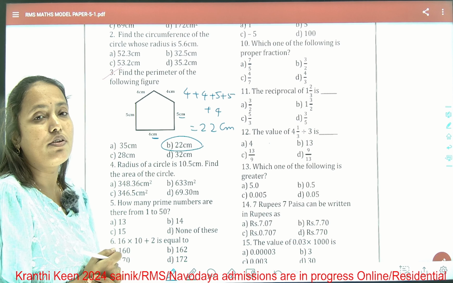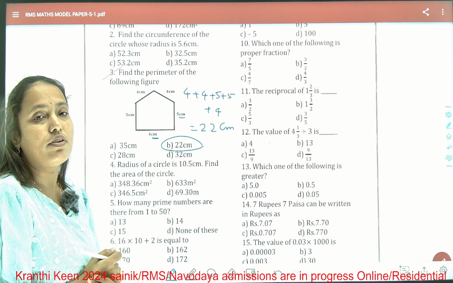The total of this triangle is 180, so this answer is 180 minus 110, 70 degrees. 70 degrees is the answer. And next, the inner angles of this triangle total 180 degrees. Already we have 70 and 50. 70 plus 50 is nothing but 120. 180 minus 120 is 60 degrees.